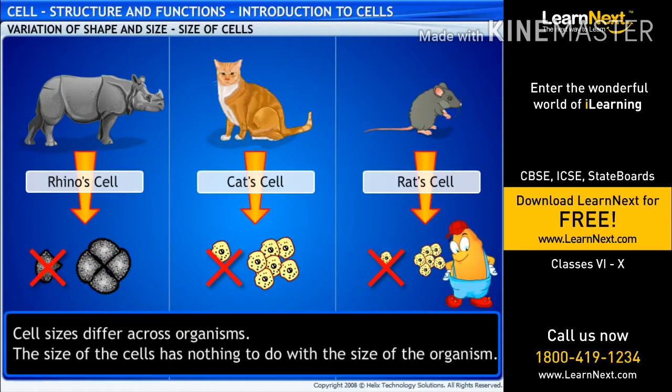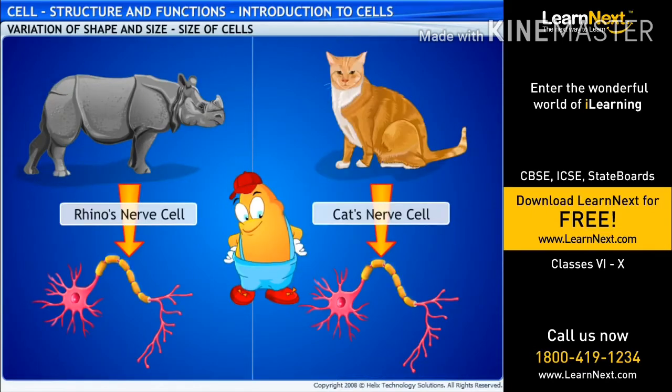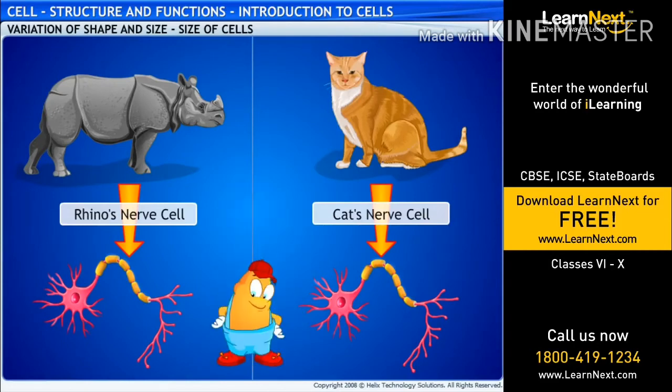The cells in a rhino's body may not be bigger than the cells in the body of a cat or a rat. In fact, the nerve cells in a rhino are very similar to those in a cat's body. In both cases, the nerve cells are long and branched and are involved in the transmission of messages.